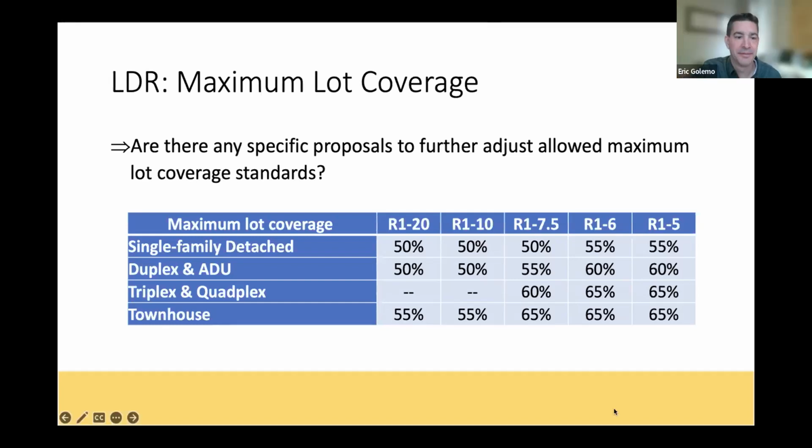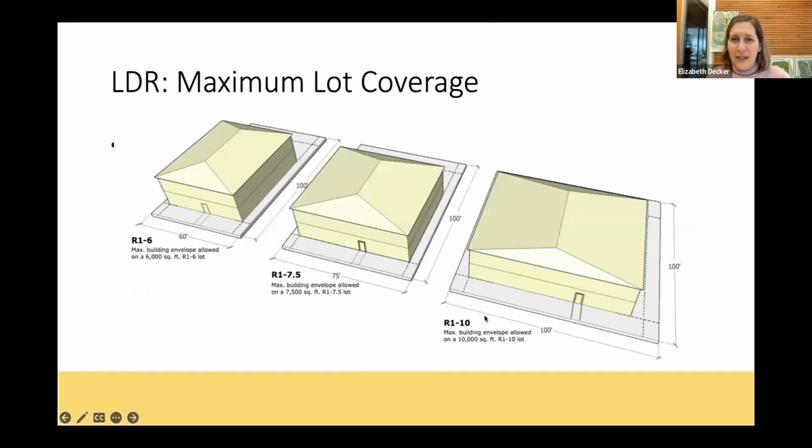And I know when we were talking about this last month, we talked about, can we work backwards? So we did do some of this work a year and a half ago as part of the code audit. So for the existing code, we did some building massing. And I don't want to spend too long on these figures. You can squint at them. I can send them to you later.